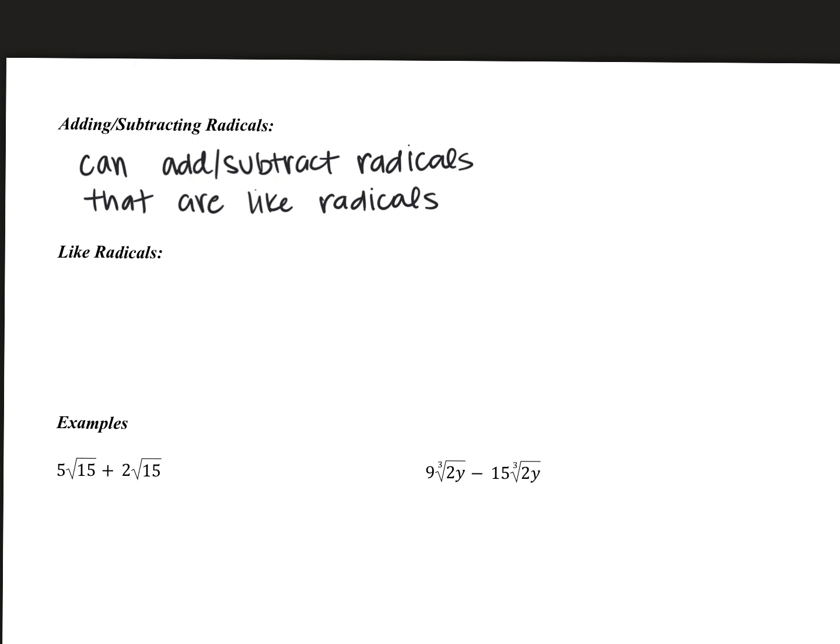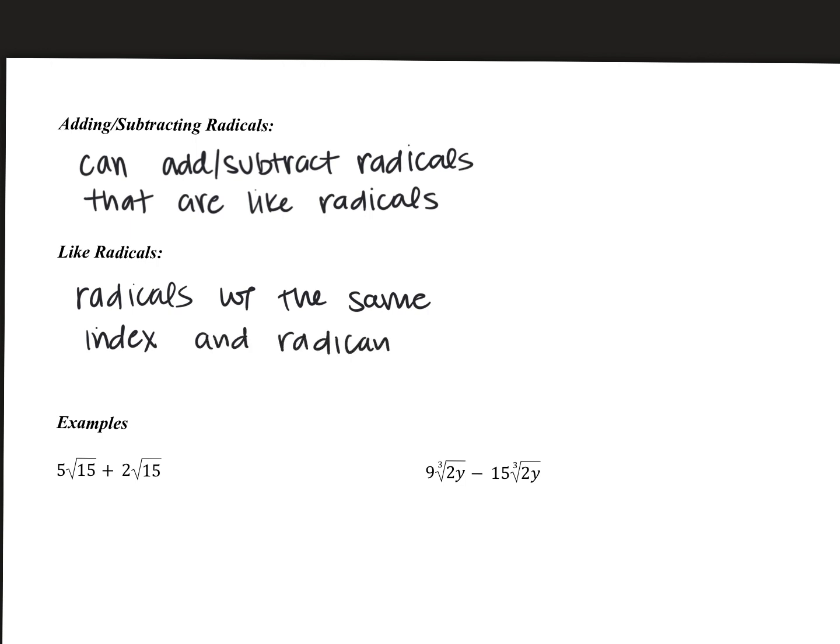So what that means, what are like radicals? Like radicals are radicals with the same index and radicand. So that means you have to be taking the same root, and what's underneath that root has to be the same thing.